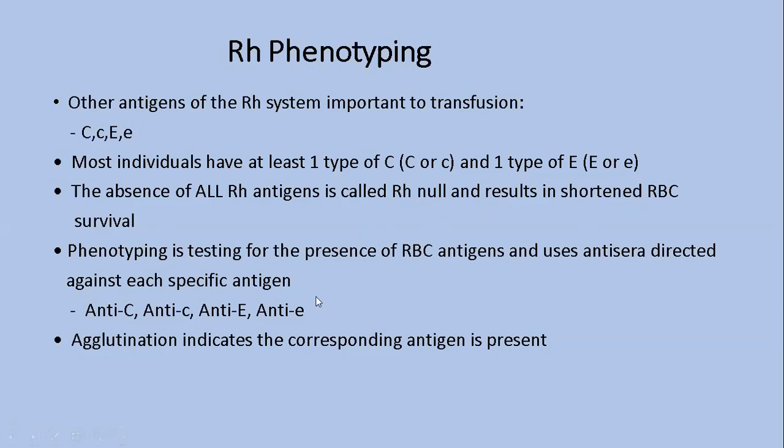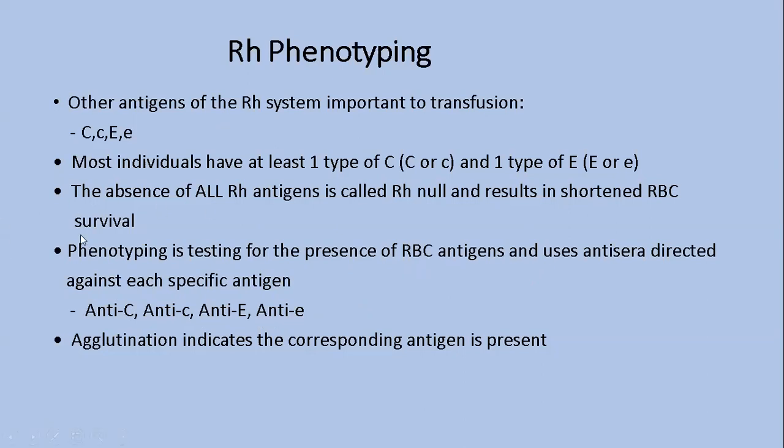Okay, so just like we have anti-A that detects the A antigen, anti-B that detects the B antigen, we have other reagent antisera, namely anti-C, which is antibody against big C antigen, anti-little c, anti-big E, and anti-little e. And so these are the reagents, the knowns, that we use to determine if the corresponding antigen is present on a person's red blood cells.